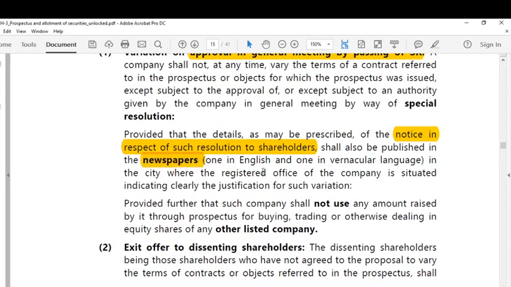And apart from that, there should be two newspapers. One newspaper is in English and the other newspaper is in the regional language. The regional language means wherever the registered office of the company is situated, the language of the people in that particular area should be the regional language for publishing the notice of special resolution to the shareholders.